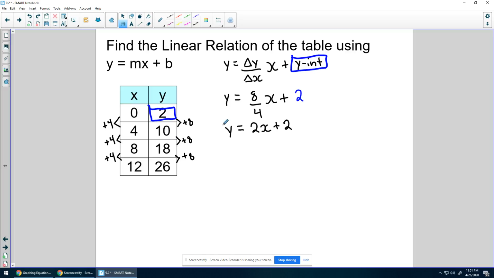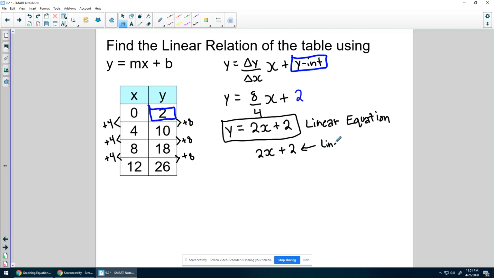So this right here is our linear equation. If we were going to show this as a relation, that would just be 2x plus 2. That is our linear relation because there is no equal sign.